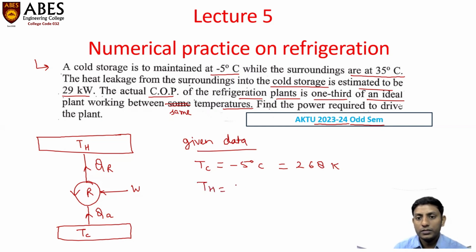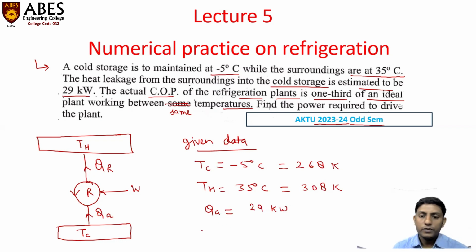TH would be 35 degrees Celsius, which would be 308 Kelvin. The next thing which is given to us is QA, which is 29 kilowatt.